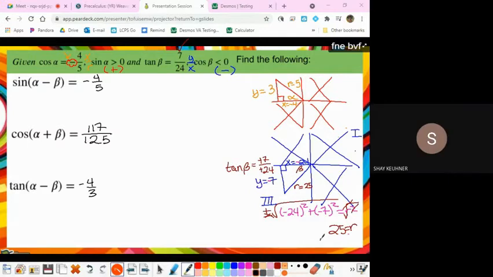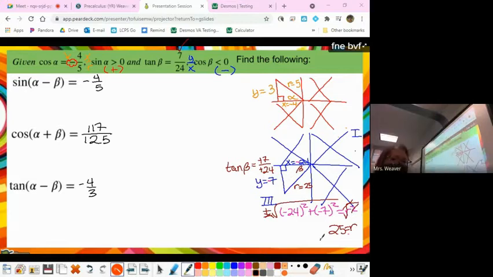Miss Weaver, I didn't get the cosine or the tangent one. Okay, so let's look at those quickly. No problem. Let's run through them. Okay, so can you help me plug into the cosine formula, Shay? Or I guess I already had you help with one problem, so I'm not going to make you do a second one, so I'll help with this one. It's cosine of the first, cosine of the second. And when the words stay the same, the sign changes.